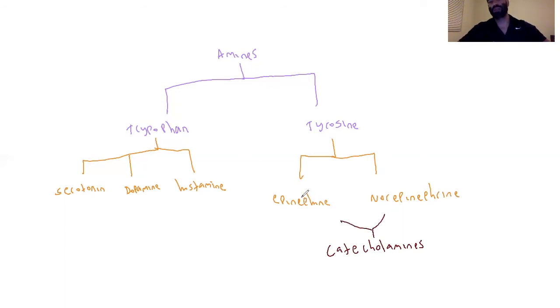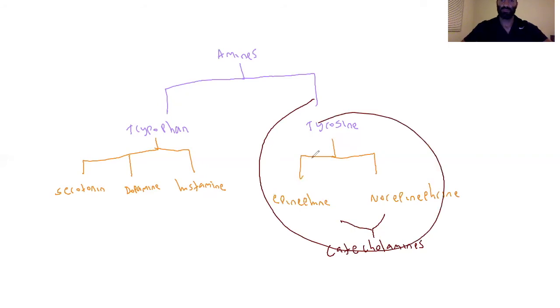So epinephrine and norepinephrine fall under the wider category of catecholamines. Now, speaking about these, examples, as I said, are going to be called catecholamines. These are examples of amines. Give you a preview of when we talk about the autonomic nervous system. But catecholamines, they bind to a class of receptor called adrenergic receptors.